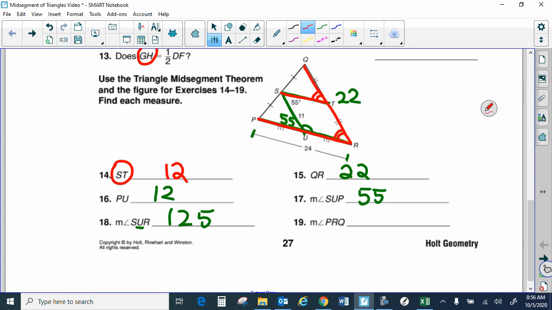So those two angles are called corresponding angles. You got to remember that. So corresponding angles are congruent. This angle right here is congruent to this angle right here because those are corresponding angles. This was 125 right there.